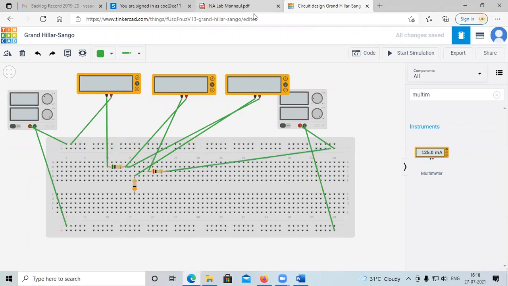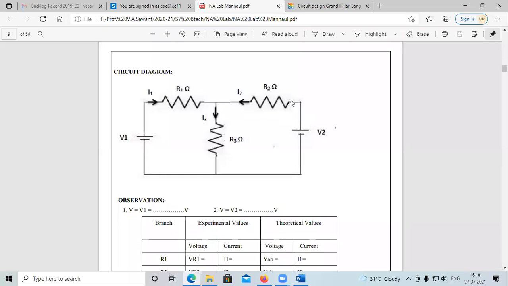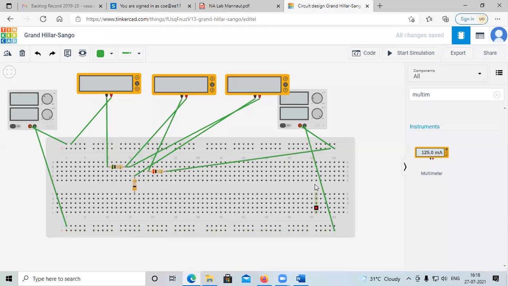So the next terminal of R2 can be connected to the positive terminal of V2, then the negative of V2, then the other terminal of R2 and the negative of V1 can be common. So let us make those 3 common. This is the negative terminal of the first one, connected to the negative terminal of this one resistor, and this one terminal can be connected here. Okay, so this is the connection diagram, or it may be the circuit diagram. This will be its circuit diagram.